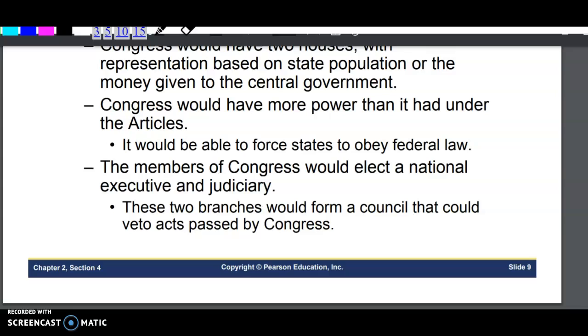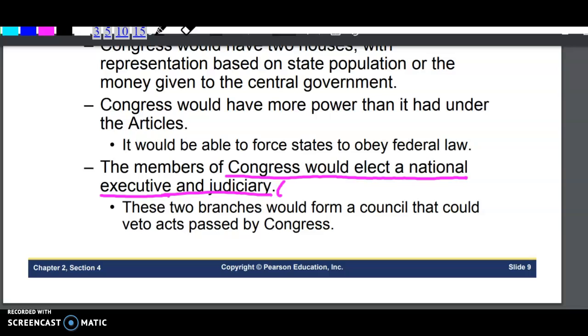So what that means is that Congress would elect the president and the courts, which now, that's not what happens now. But this was the Virginia Plan. So Congress would elect a national executive and judiciary.